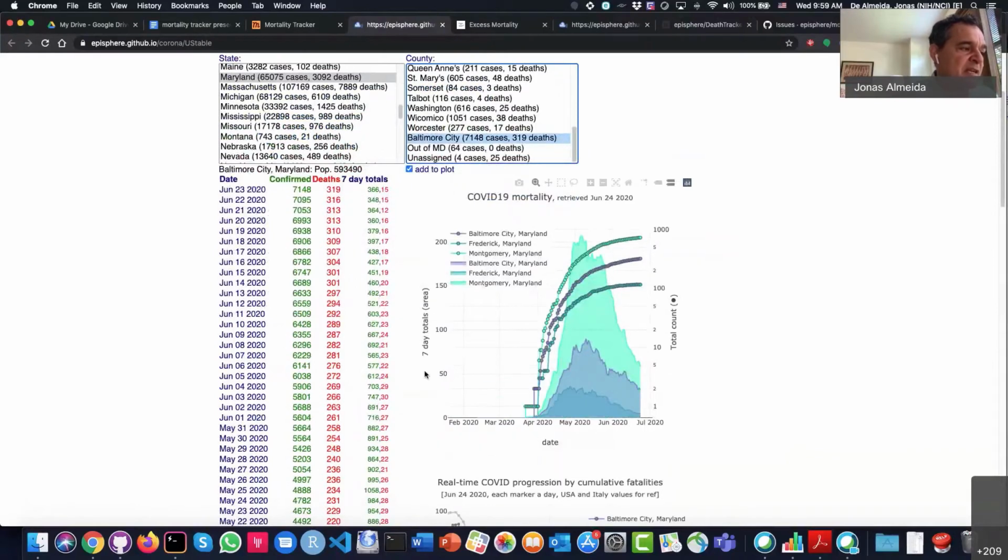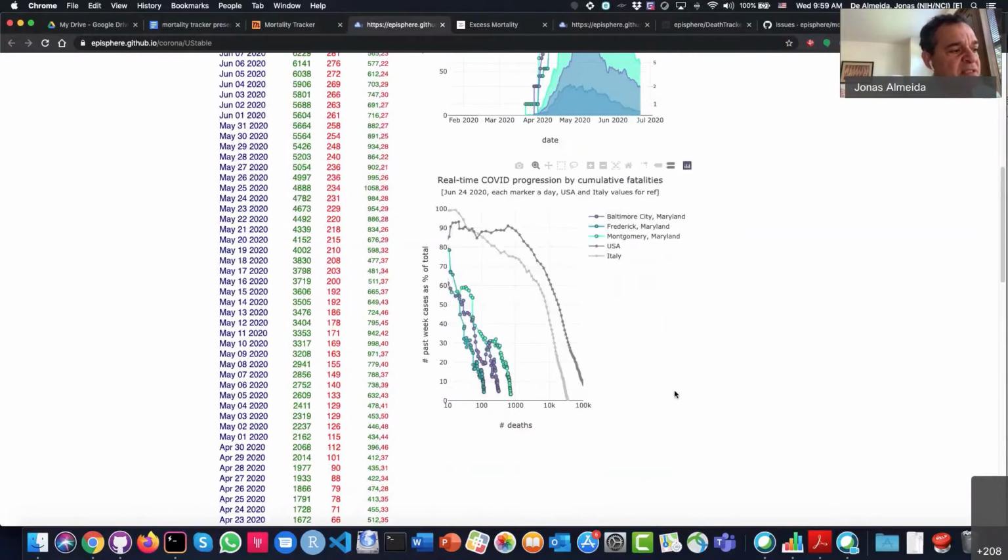In this case, we have 7-day totals here, and we have the date. So this is the standard plot. We have the values going up, down, and hopefully not going back up again. You have the cumulative values in a log scale. So the final value is accumulated here. But you can also get these transformations that are provided in response to specific requests. For instance, as the testing changes, one would expect the number of cases to change in response to that.